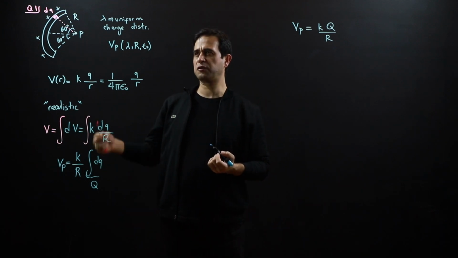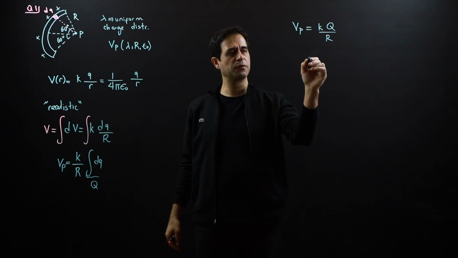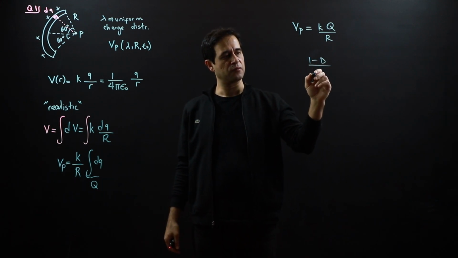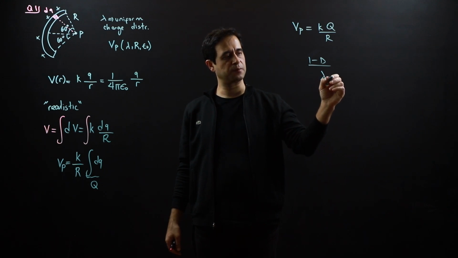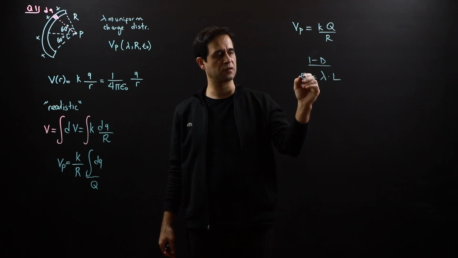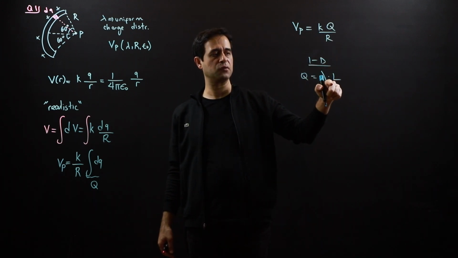The only thing that we are missing now is how to relate this lambda to this Q, and that's simple. As you remember, in 1D, the line charge density, lambda, multiplied by the length of whatever one-dimensional charge distribution it is, gives us Q. So instead of Q, I'm going to substitute that here.